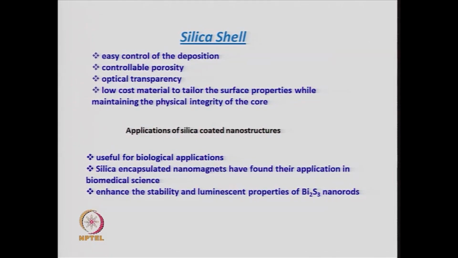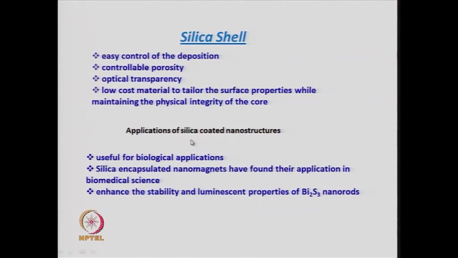Why people choose silica is because of easy control of deposition of the silica shell. Then you can control the porosity of this shell. Silica is optically transparent. So, whatever you put in the core, if it is an optical material, you can harness the optical properties of the core when you have a silica shell. Silica is also cheap. So, it is a low cost material to tailor the surface properties while maintaining the integrity and the stability of the core.